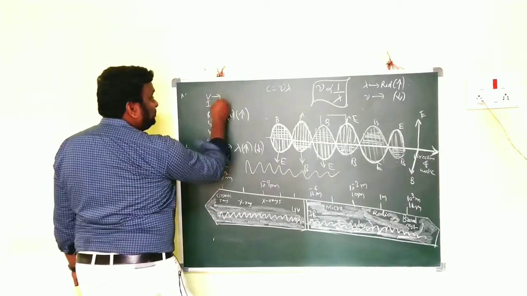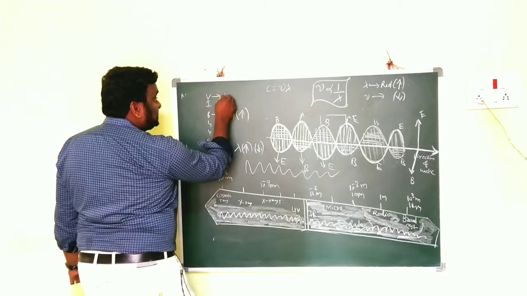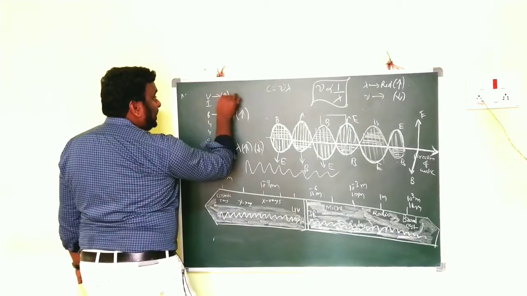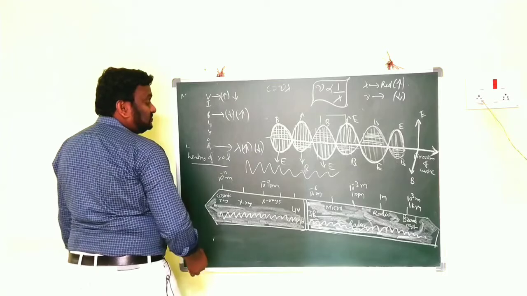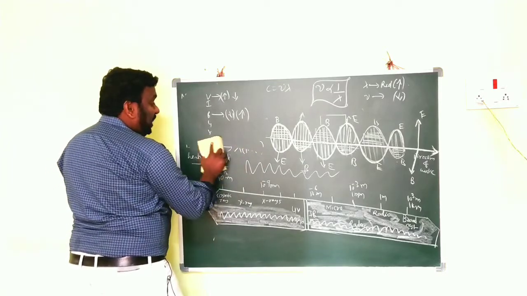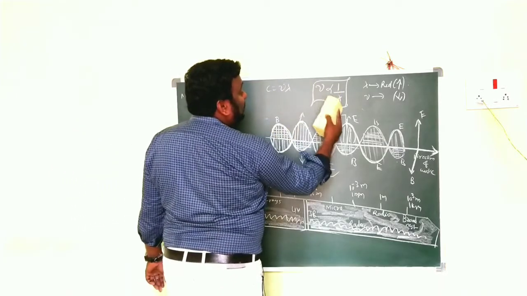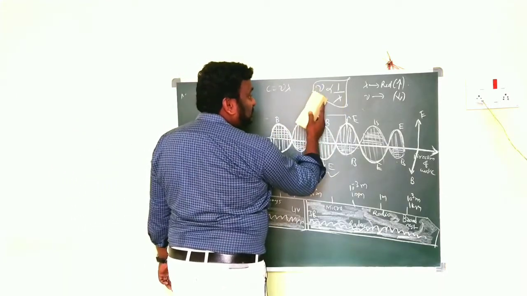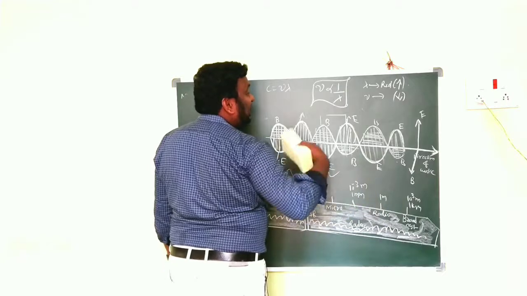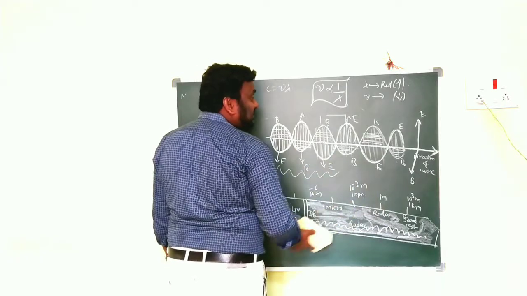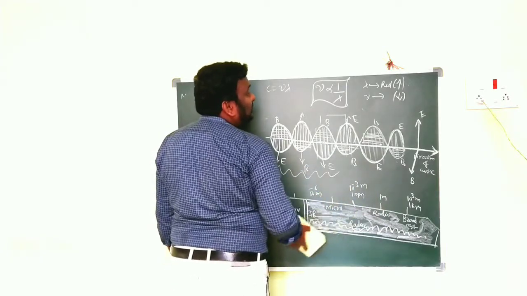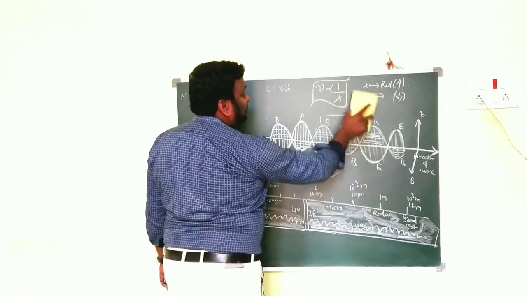And for violet also the same thing: frequency is more and wavelength is less. So when we have the idea that nu is proportional to 1 by lambda, based upon that we can say among the 7 colors which color has more wavelength and which has least or high frequency.